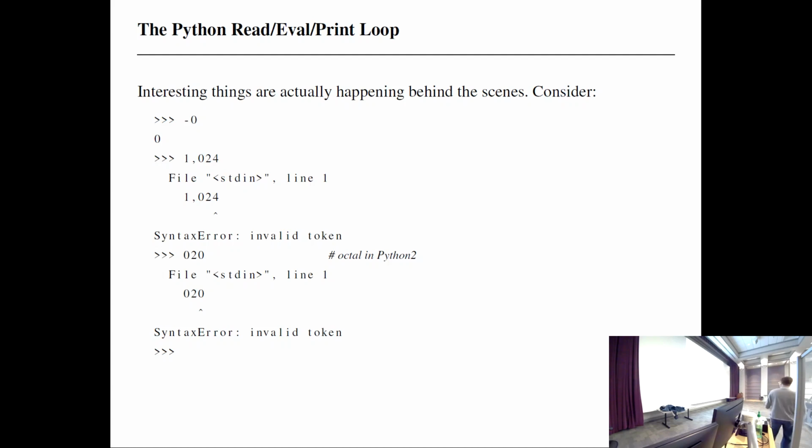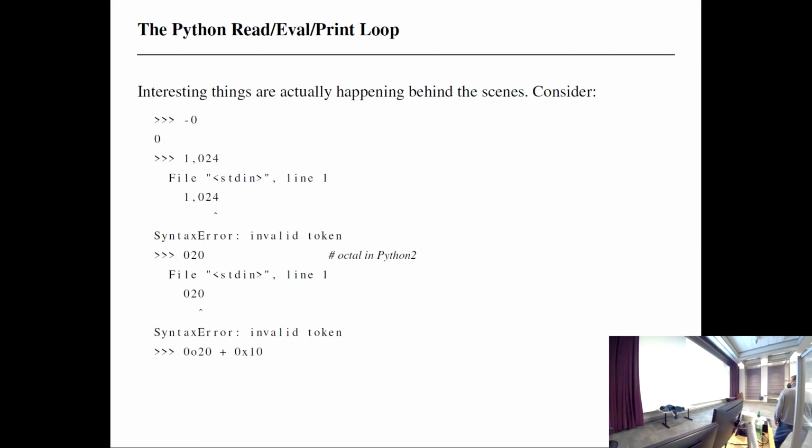But because people were used to typing this, they've decided that this should now throw an error. So if you try to pass something off as an octal in Python 3 with a leading 0, you get an error. If you mistakenly type a decimal number with a leading 0, you get the same error, and that's okay.